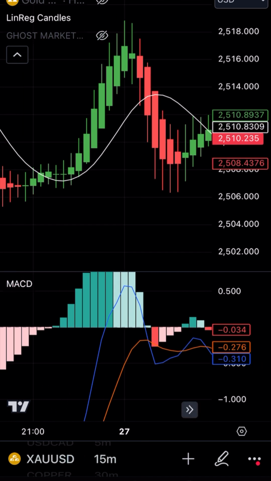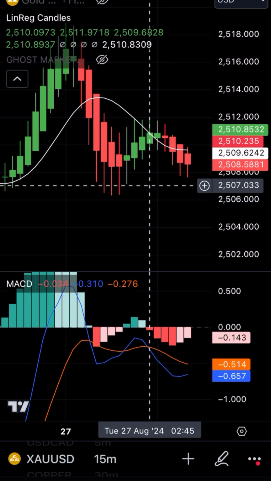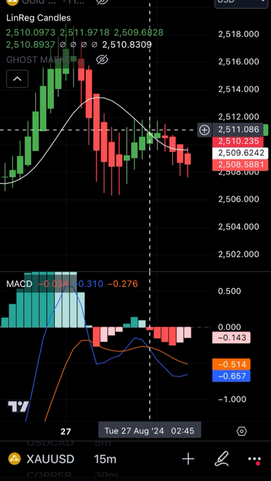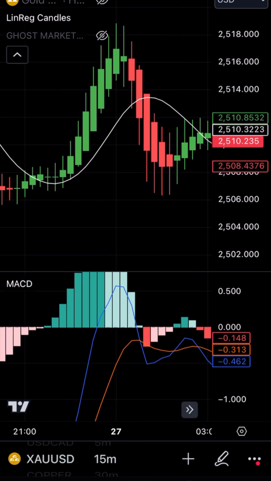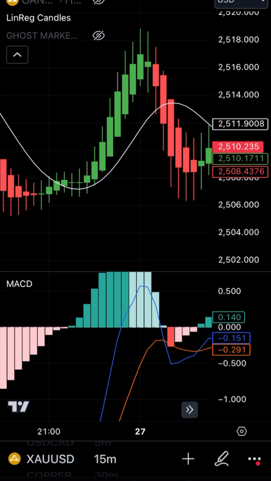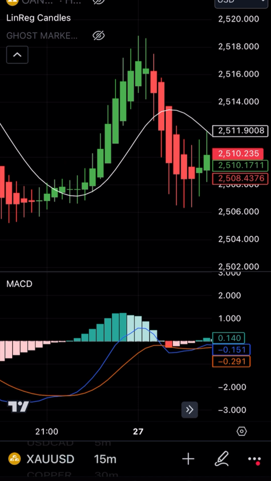Basically, you want to establish a direction, and how you find that is you want to find a full body candle. Candles with just wicks at the top and bottom are a bunch of indecision, and the market is really struggling at that point. When you find a full body candle, it means there's solid direction happening. So let's focus on up right now.